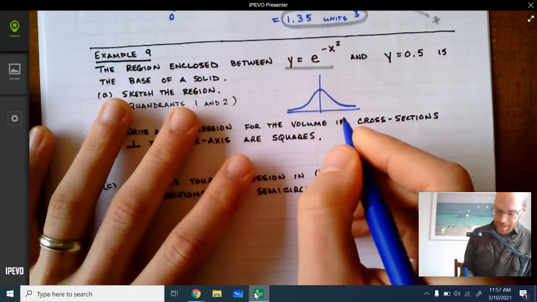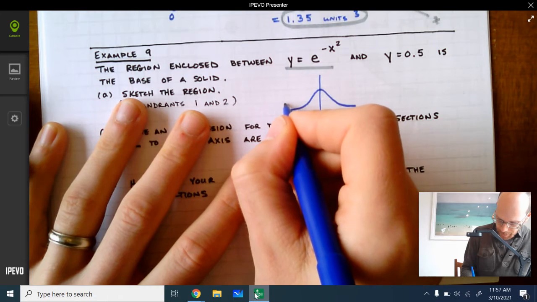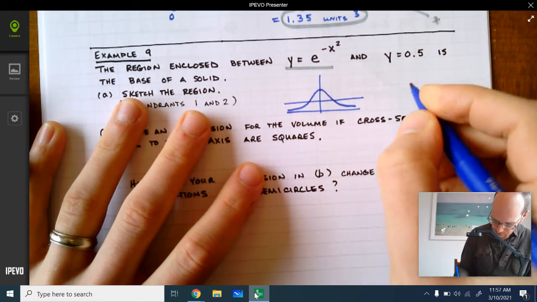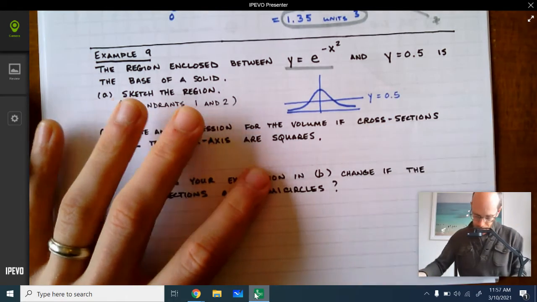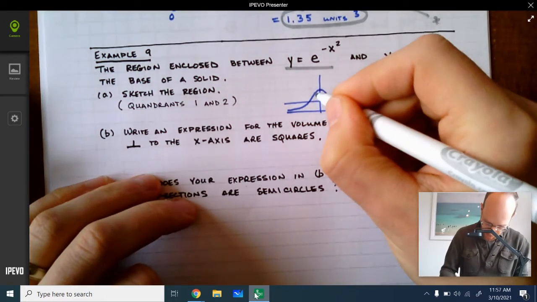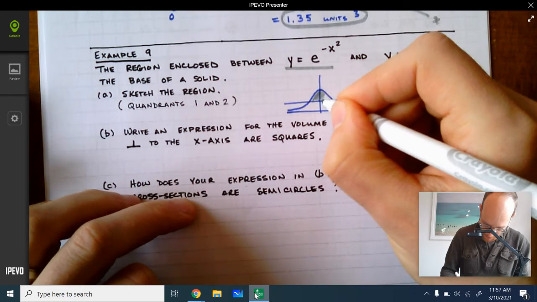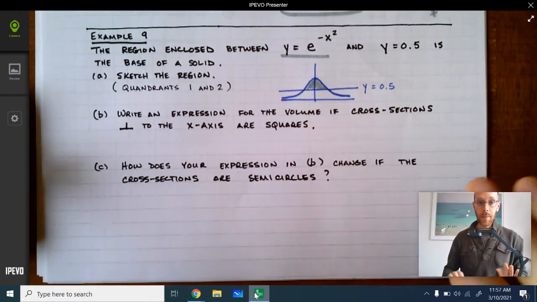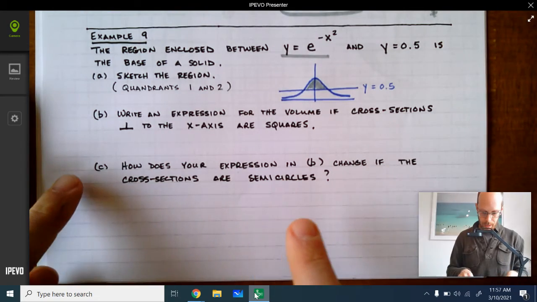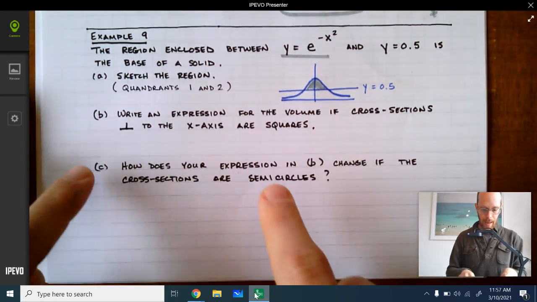And then y is equal to 0.5, which goes like this. And the region that you're going to be working with is this region bounded between them. Okay, so it's now time to stop the video, and I want you to attempt to answer questions B and C.